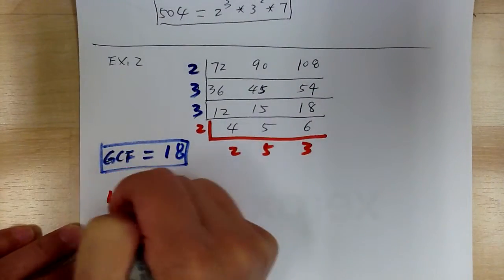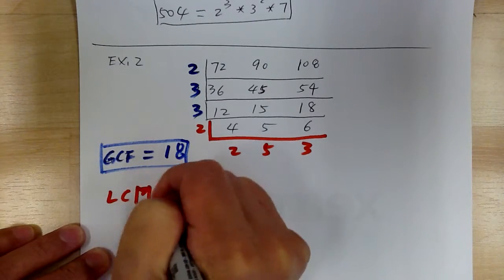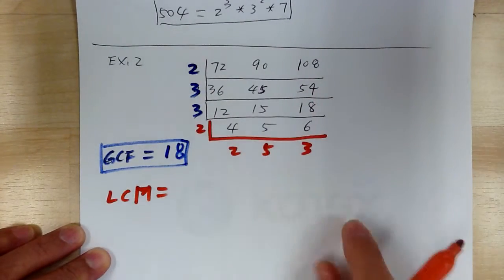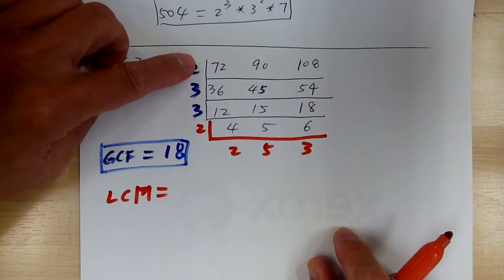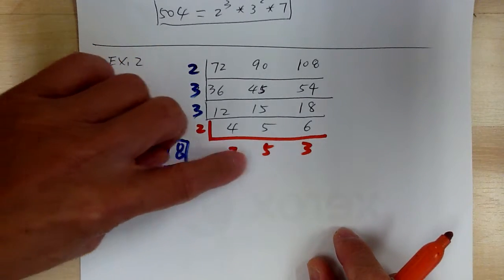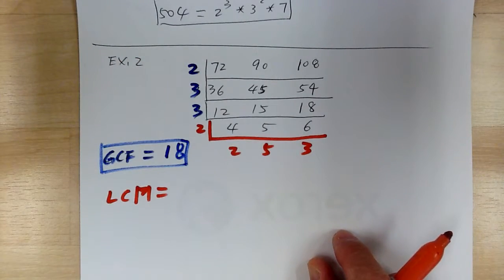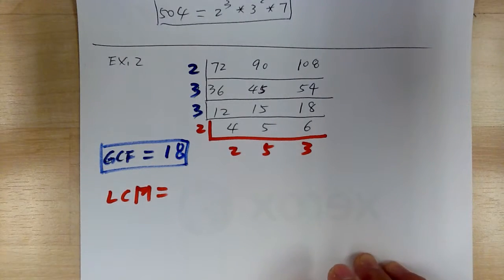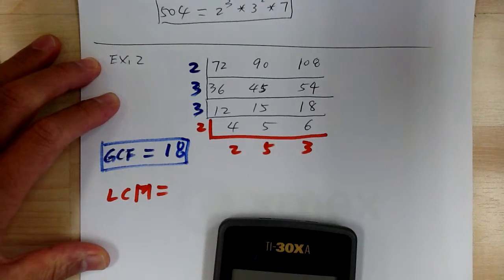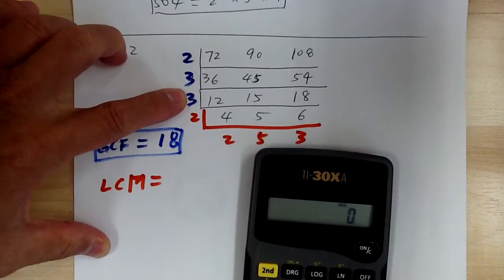Now for the LCM, you multiply all the numbers together. So you have 2 times 3 times 3 times 2 times 2 times 5 times 3. Get your calculator. You don't have to start all over again, since you know this is 18 already.